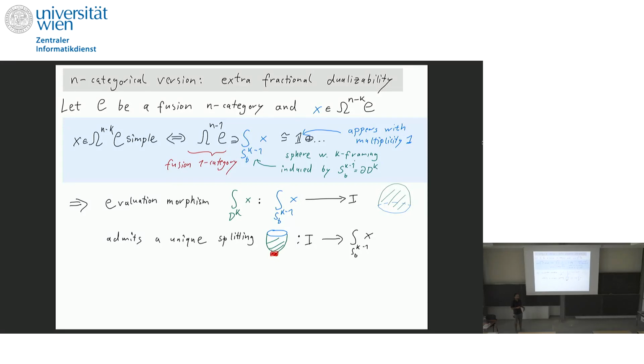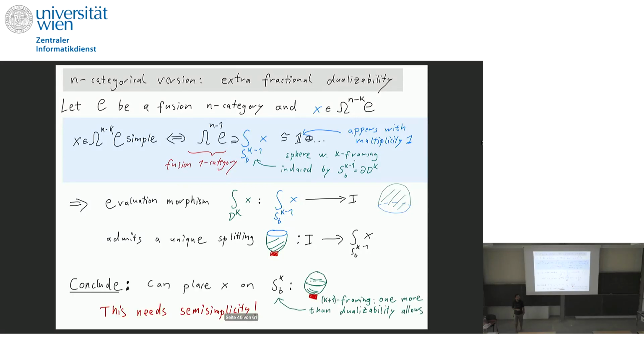So in other words, there is a way to trivialize the higher dimensional Nakayama in the semisimple setting as well, if you want. And again, I think of this equation of this sphere with this red dot being 1 as one higher dimensional disk, in a way that wouldn't work if you just use the Tangle hypothesis. So now I can place this object X on a sphere with a k+1 framing rather than just a k framing, for those of you who know the cobordism hypothesis.